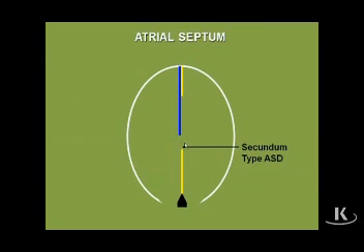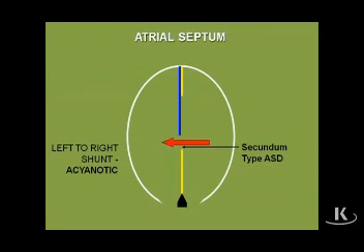And we call that a secundum type ASD. We can also call that a persistent foramen ovale. And that persistent foramen ovale or secundum type defect will also result in a left to right shunt, which means it also will be acyanotic.